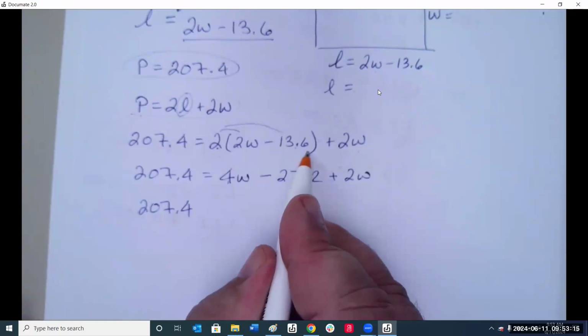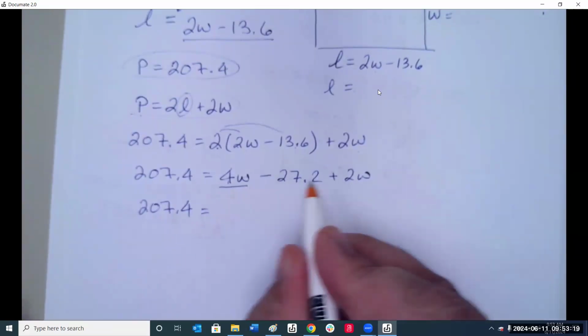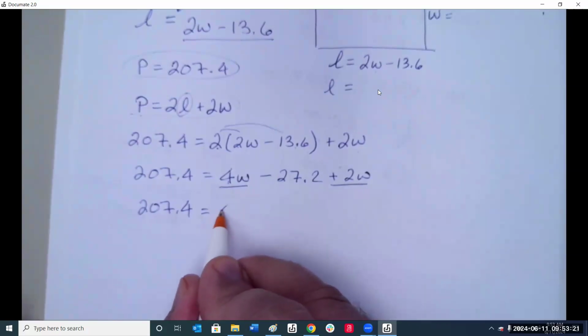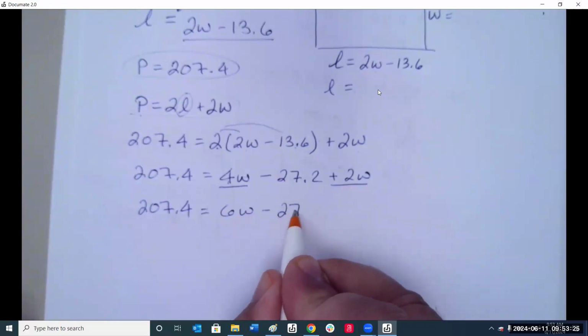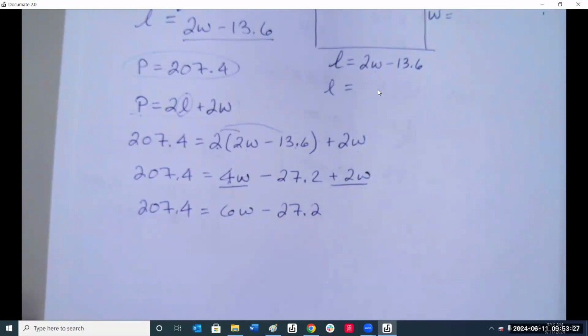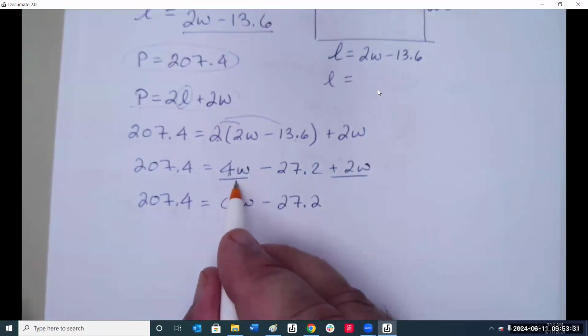Whenever you get rid of parentheses, the first thing you want to do is combine like terms. We have 4W plus 2W is 6W. So I combine the W's.